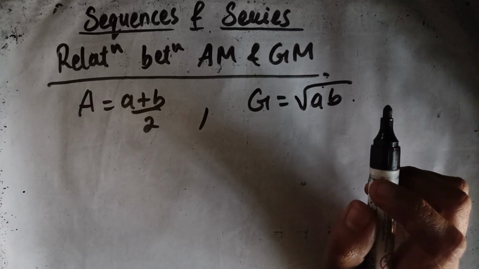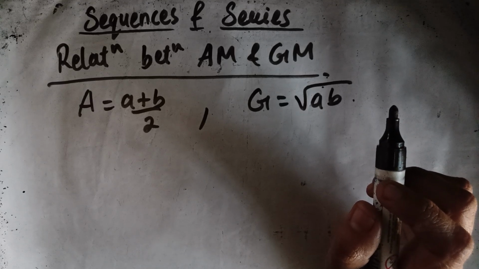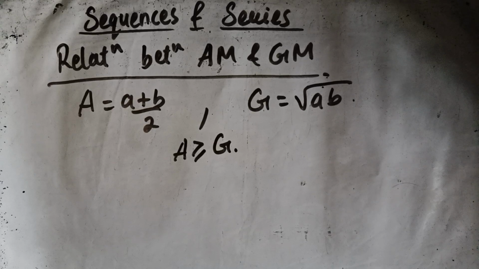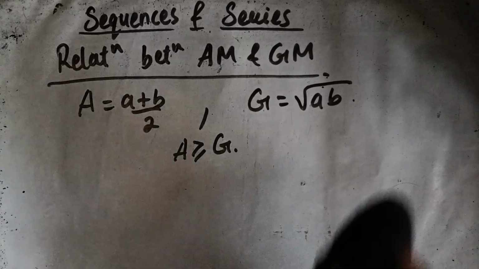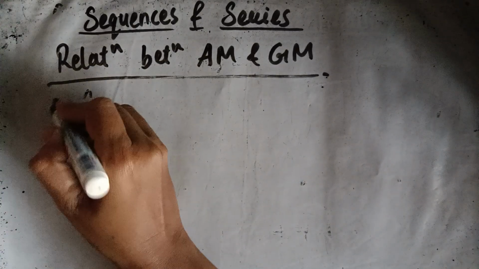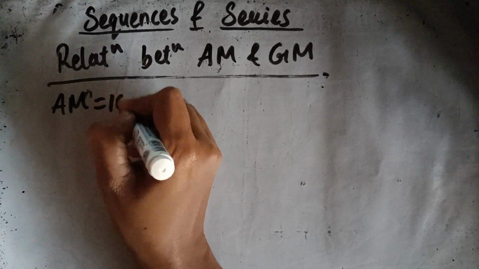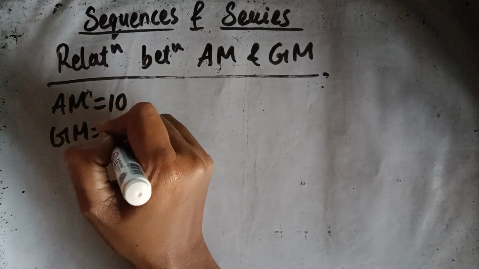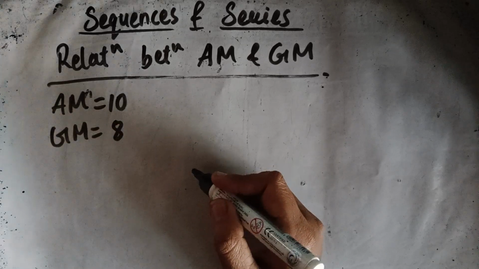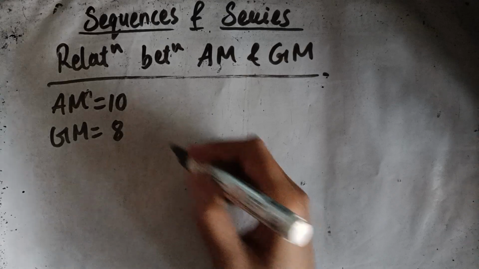So the relation is that A is greater than or equal to G. Now we'll see one example. If the AM and GM of two positive integers a and b are 10 and 8, you have to find the numbers a and b.